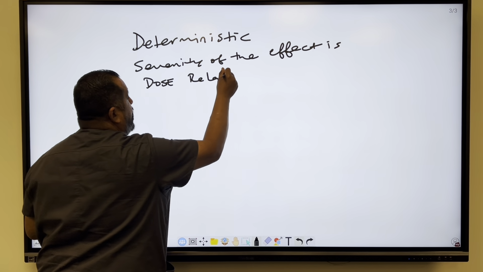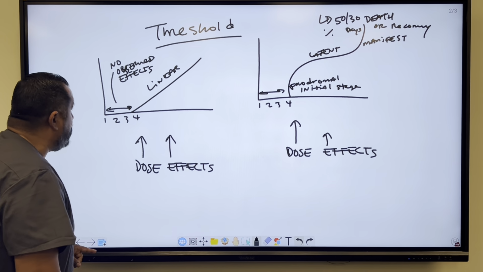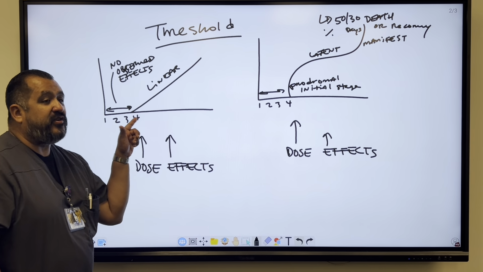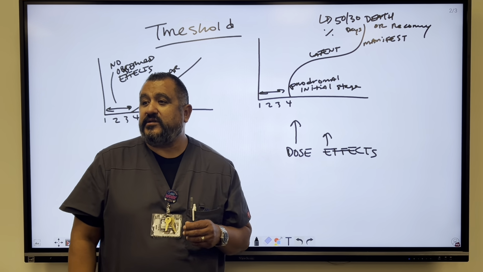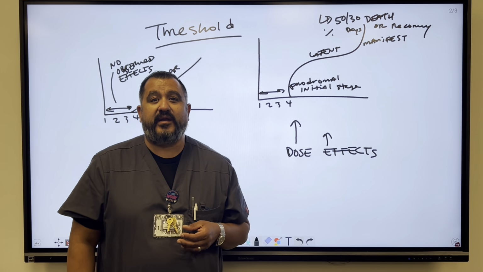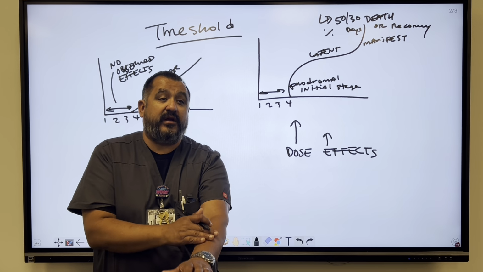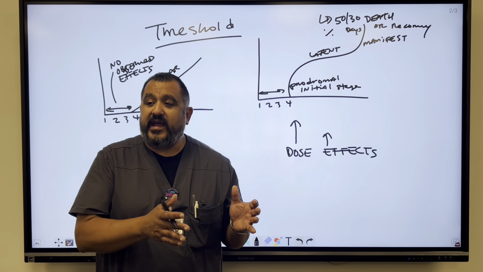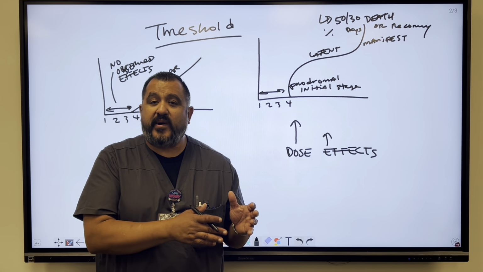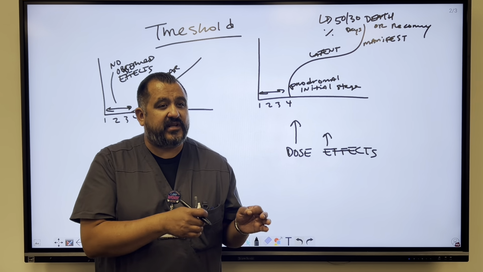So they know how much radiation caused that effect. So if we go back to this one here, the threshold, they know how much radiation can cause those biological effects. Think about a depreciation of blood cells in the body. Think about redness of the skin, radiodermatitis, or erythema, right? You can have alopecia, loss of hair. They know how much radiation can cause those biological effects. So those are all threshold, those are all deterministic effects.